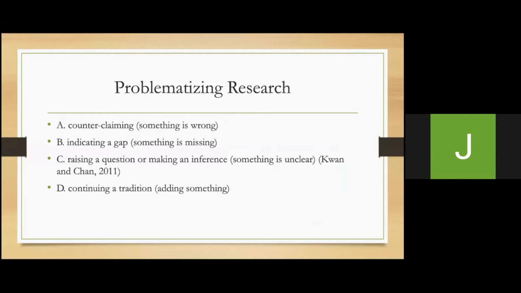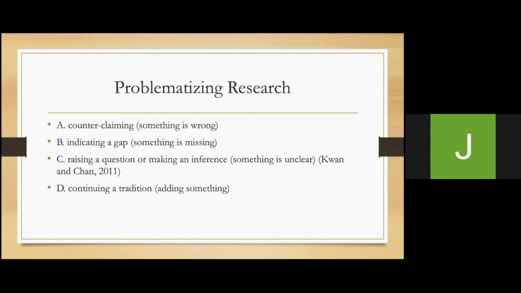For example, there was a study that said that vaccines cause autism. A strong counter study would say that the results of that were incorrect. So you're correcting a problem. More commonly, though, is that you often indicate there's a gap in the research. In other words, something is missing.